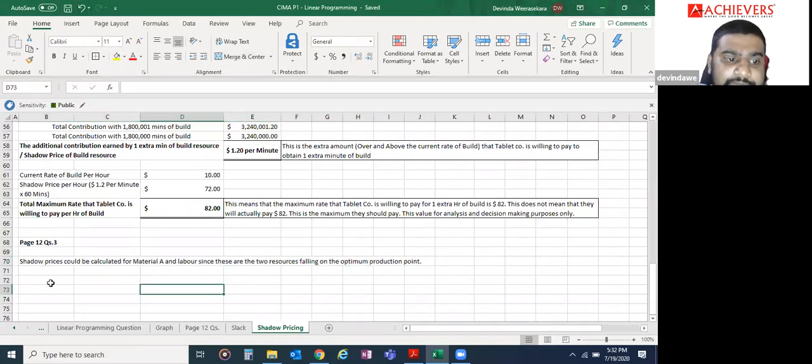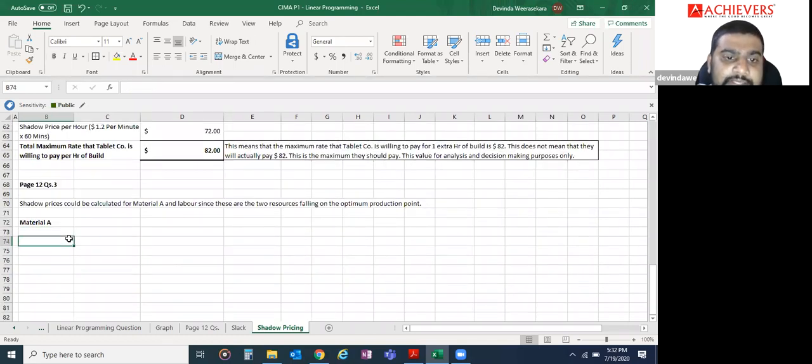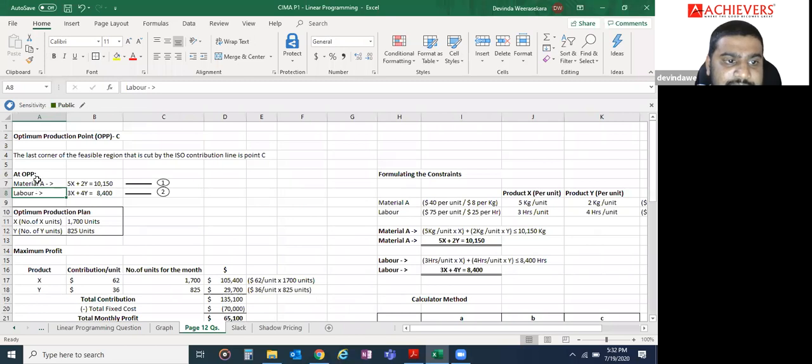Right. So first, let's calculate for material A. Let's take it at the optimum point. At the optimum production point, what are the two constraints? We did it last week, no? So these are the two.